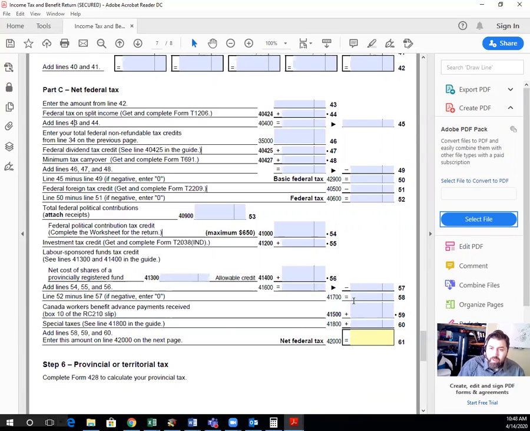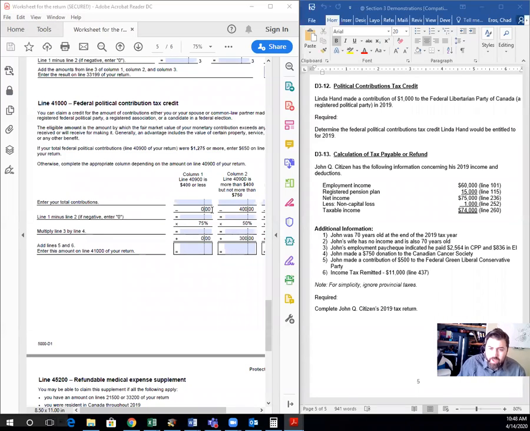Even after our federal tax is calculated, we can deduct the federal political contribution tax credit from the worksheet. So let's take a look at the worksheet. Just drag that away here. Once again, there are a number of tax credit items that we can calculate on this worksheet.